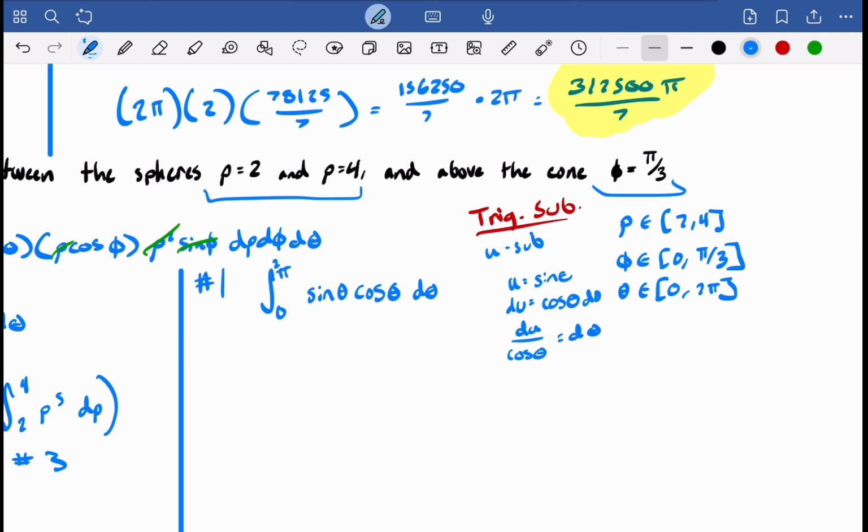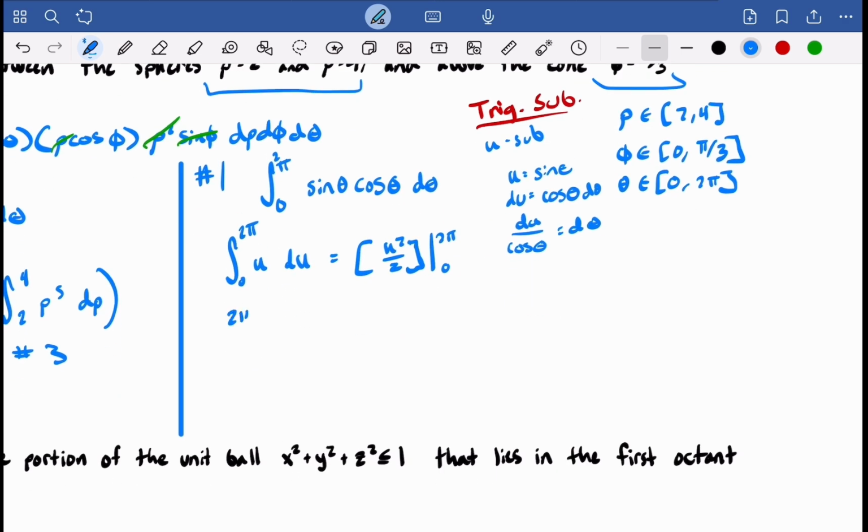Right, so then integrating with that, we have u du from 0 to 2 pi, and that's going to equal u squared over 2 from 0 to 2 pi, 2 pi squared over 2, that's just going to equal pi squared.